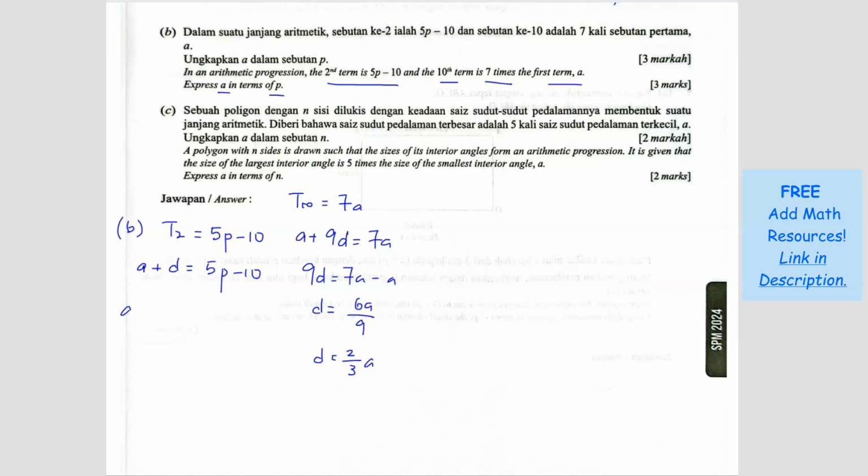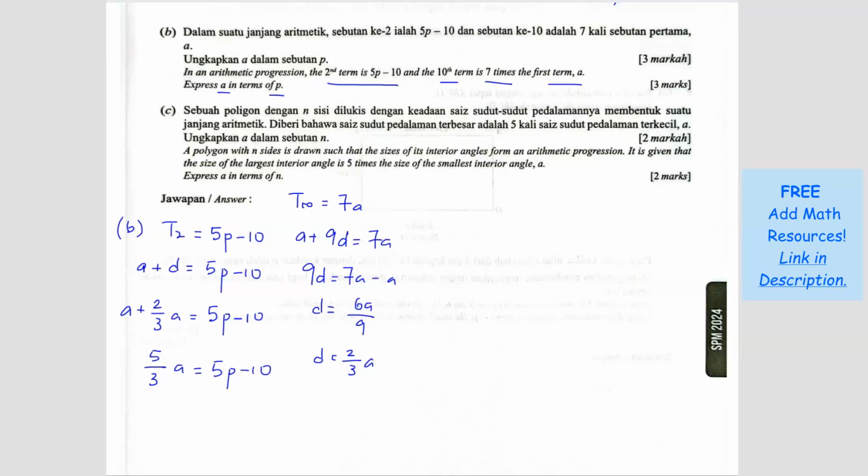So you get A plus 2 over 3 A equals 5p minus 10. So 2 over 3 plus 1, you get 5 over 3 A equals 5p minus 10.